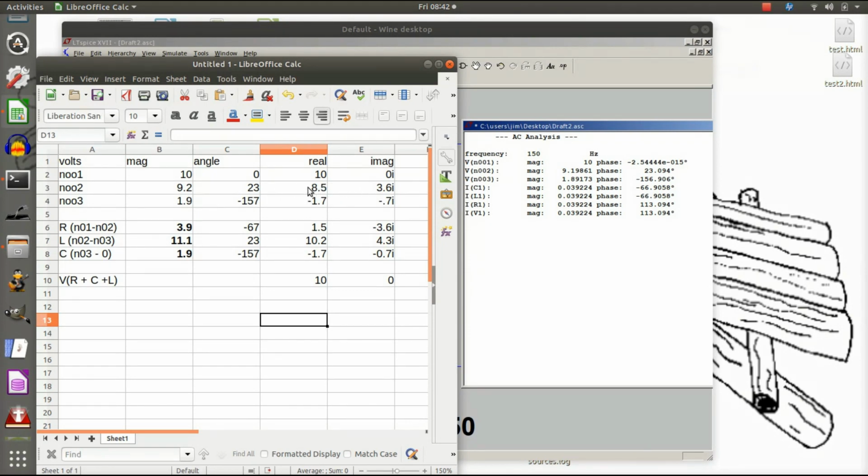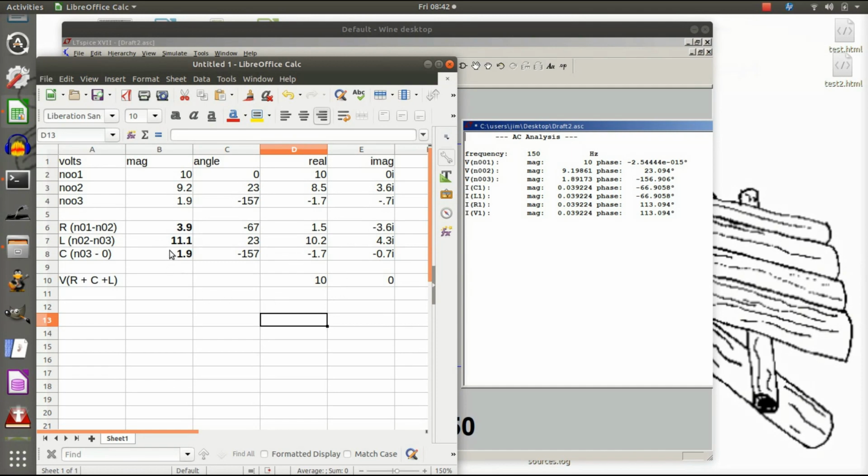Both first quadrant. Now I move to the last one, 1.9 minus 157. And that's actually third quadrant, so both of them are negative. And that's what the X and Y values, or the real and imaginary values, work out to be: minus 1.7 and 0.7i. So this is one of the things I've done in class to try and get y'all comfortable converting.